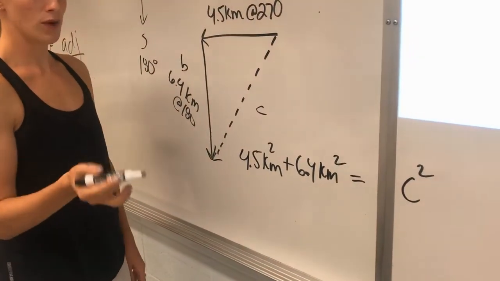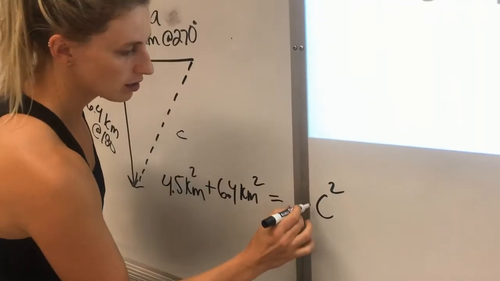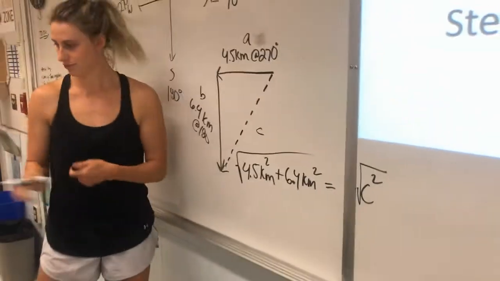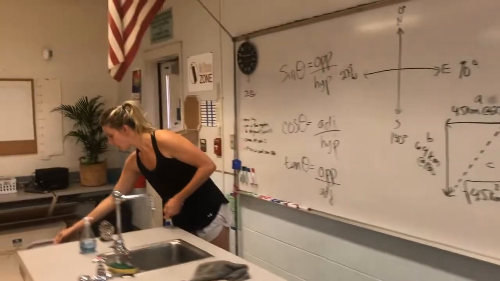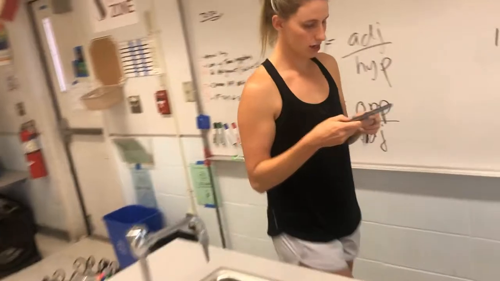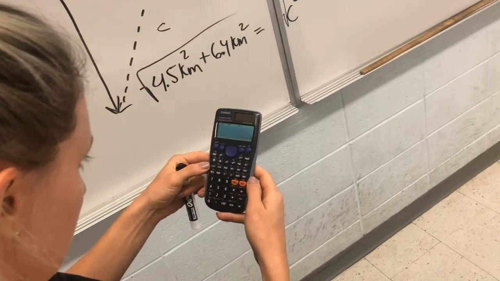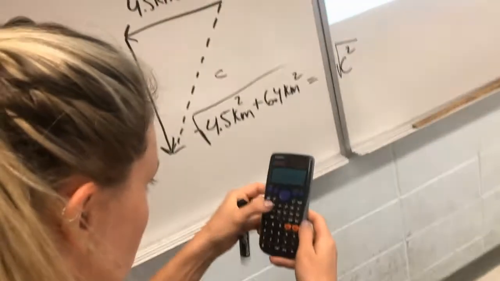Before I do this, what did I have to do again to get rid of the square? Square root. Let me see if I can find the square root sign on here. There it is, right there.